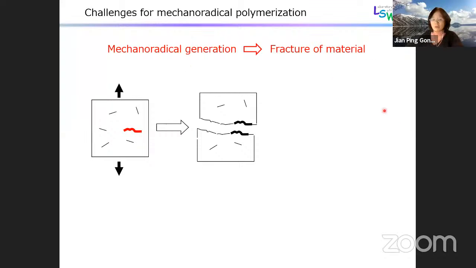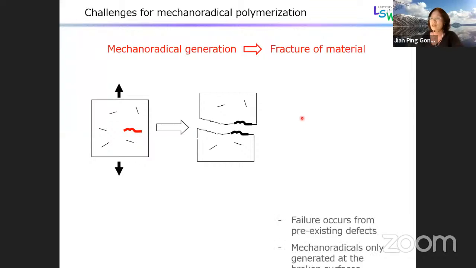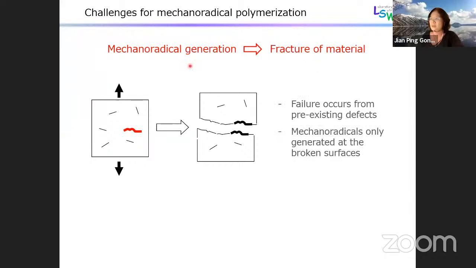And for common brittle materials, because many people here are experts in fracture mechanics, you understand this much better than me, it is very difficult to control the fractures. The fracture occurs at some pre-existing defects. We do not know where the fracture occurs.